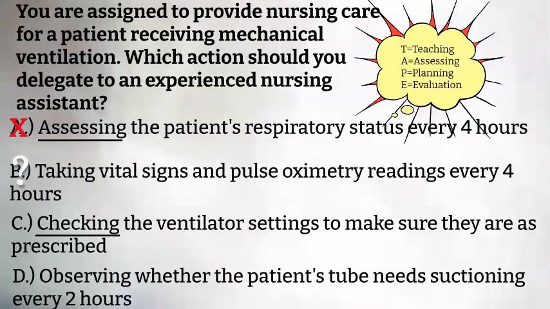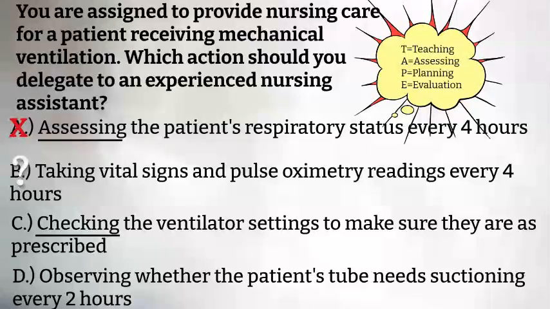Option C, checking the ventilator settings to make sure they are as prescribed. There are a few things wrong with this one. Firstly, we don't have the right person for the task. Checking ventilator settings would be up to the nurse or the respiratory therapist. The second part is that it states checking as prescribed.